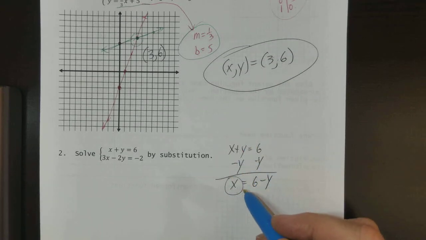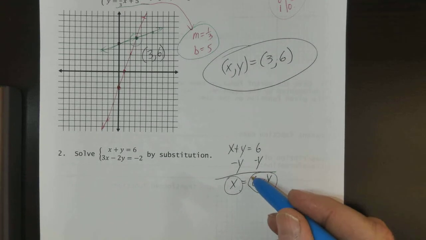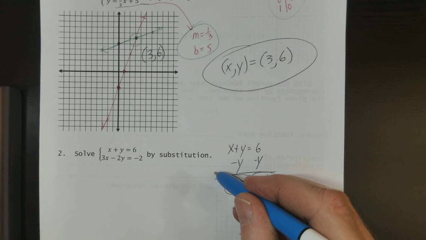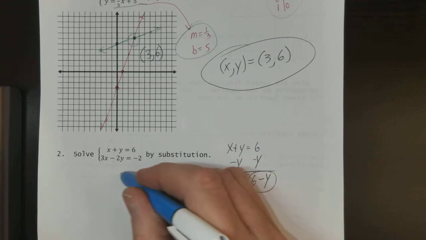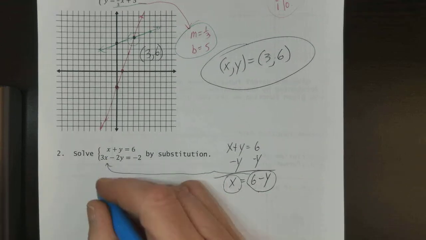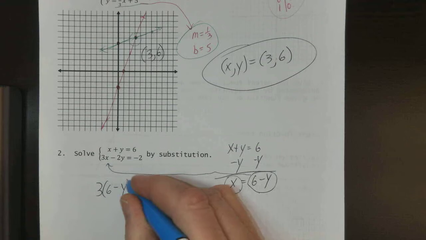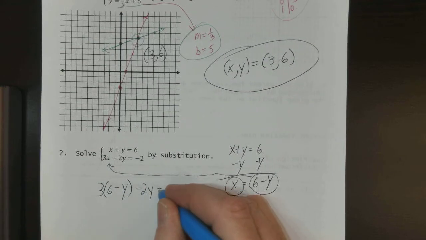So the first step is to isolate one of the variables if necessary, and it is necessary. And then it's take this expression and put it in the other equation. So I'm going to put the 6 minus y right here where the x was. 3 times 6 minus y minus 2y equals negative 2.